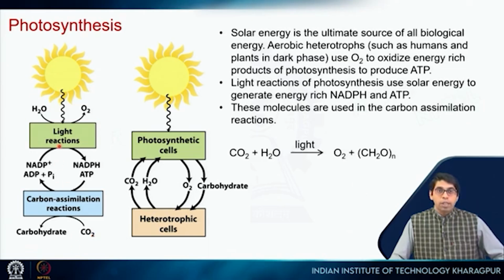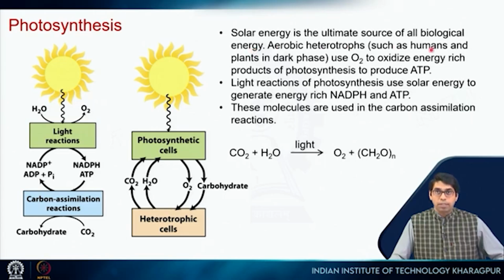Ultimately, light energy is passed via light reactions, which is photosynthesis, into chemical energy, and this chemical energy is used by both plants and us for various functions. So ultimately solar energy is the ultimate source of all biological energy.